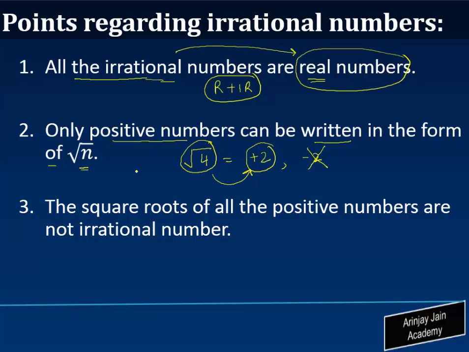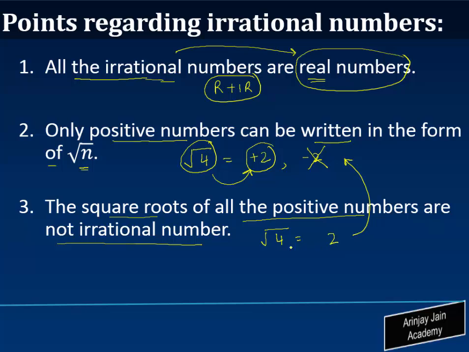And the third point about irrational numbers is that the square roots of all positive numbers are not irrational numbers, right? So let's say if we take the square root of 4, this is 2. In fact, I shouldn't have taken the square root of 4 as an example earlier, but just for the concept, you can refer to that.